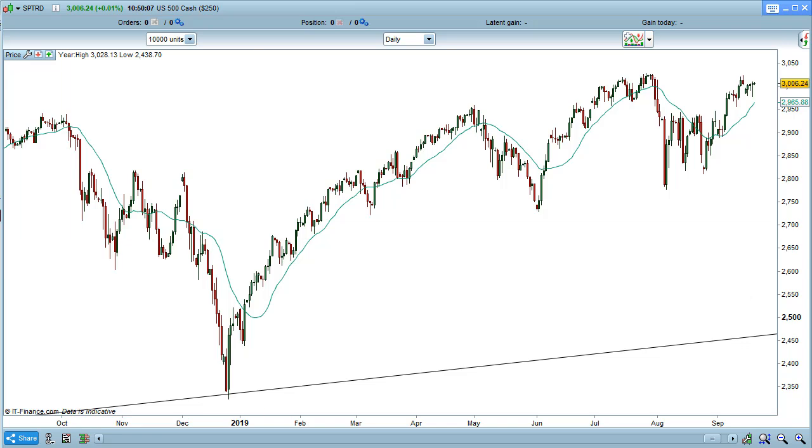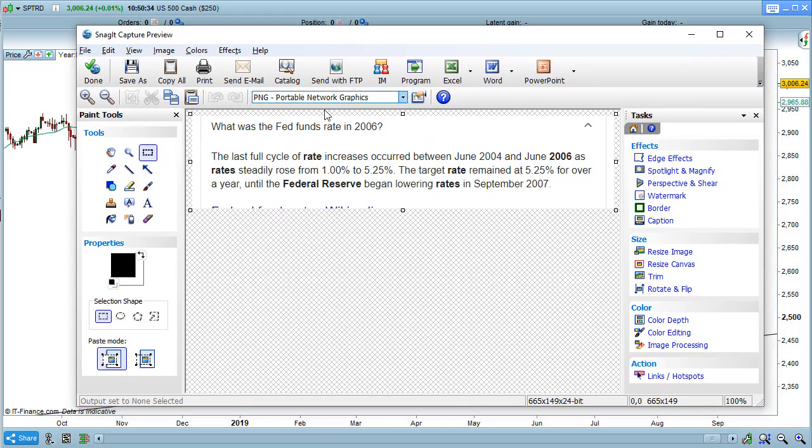Now, here's the thing that I want to share with you. I've been doing a bit of research, and it's really interesting to see what's going on here. Let me bring up this little blurb. What were the Fed funds rates in 2006?